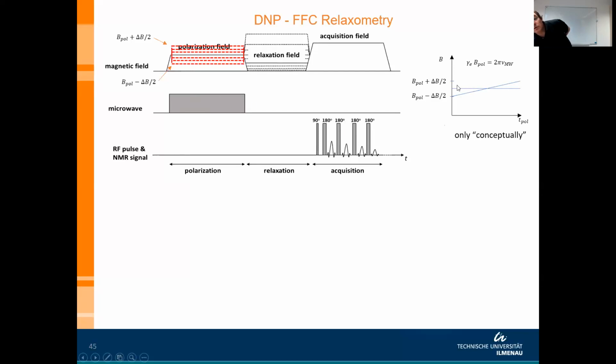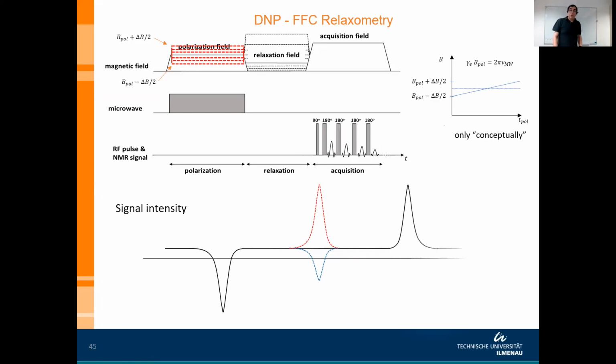And you change very schematically here, because this can be more complicated, the magnetic field from a low value until a high value, and like this, you cover your range in the line, basically. And like this, you can obtain the signal enhancement in this way.